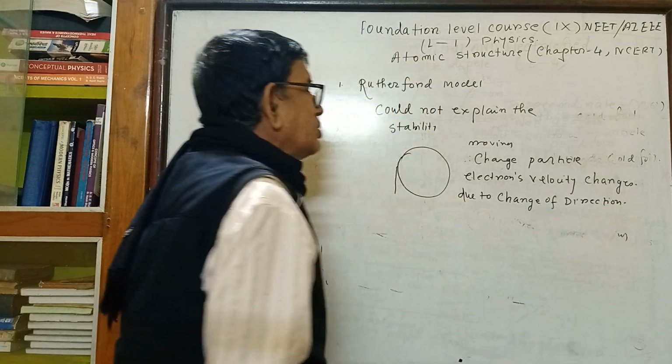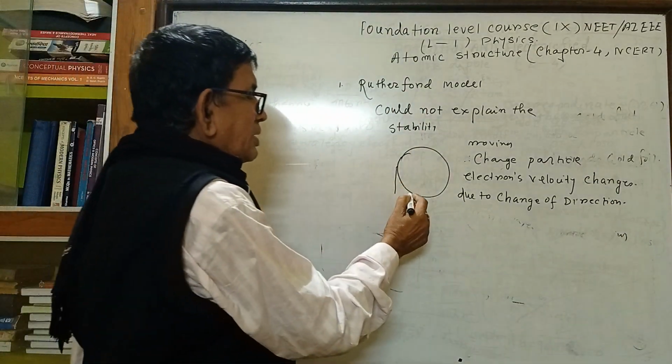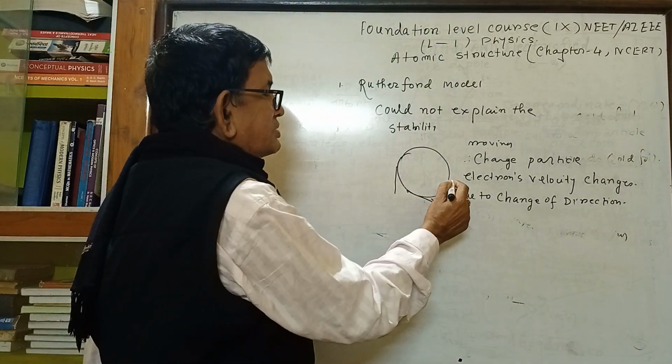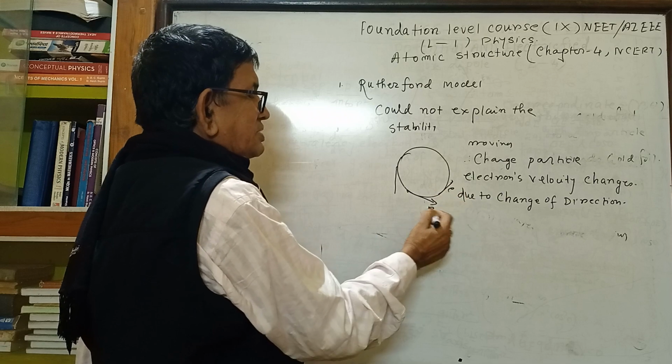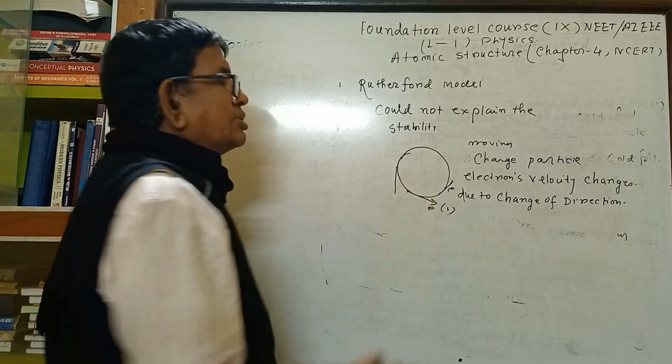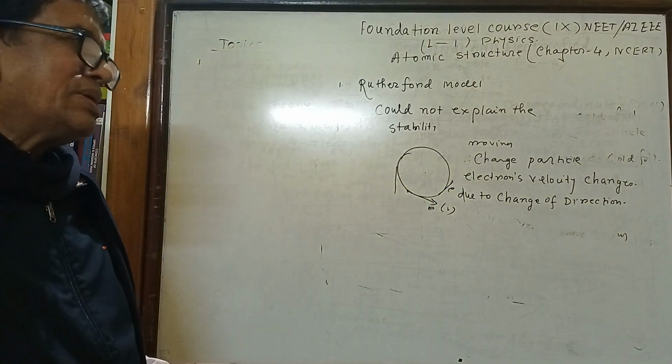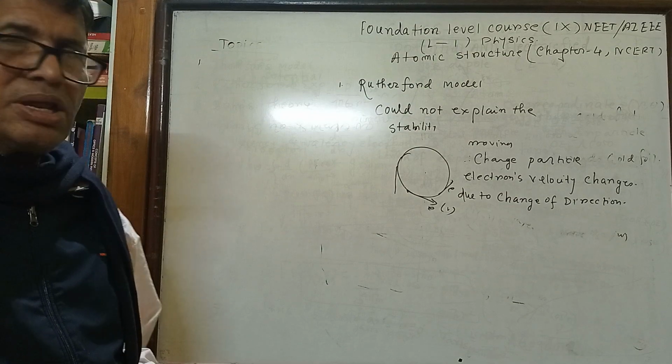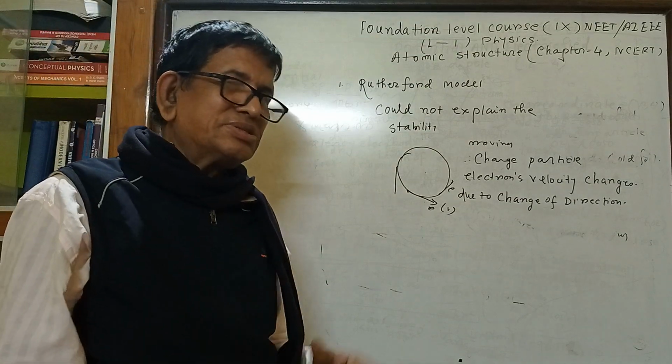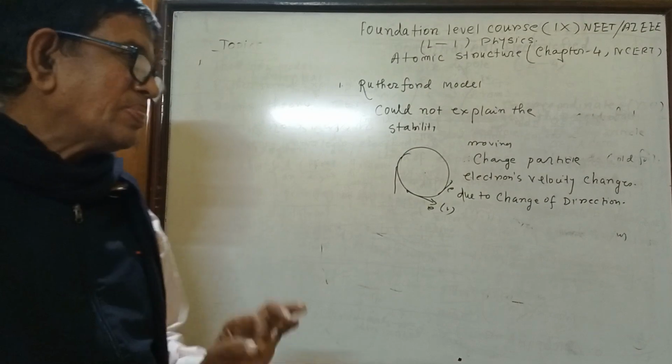So in this case the electron is revolving, but every moment the direction of the electron changes, and the velocity changes. So we may say the charged electron is accelerated.